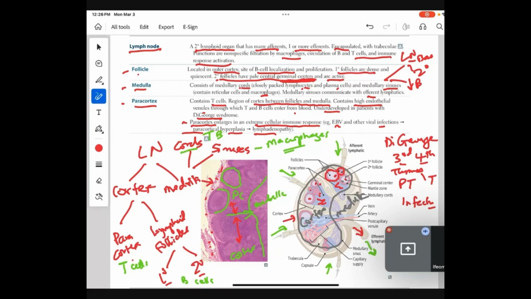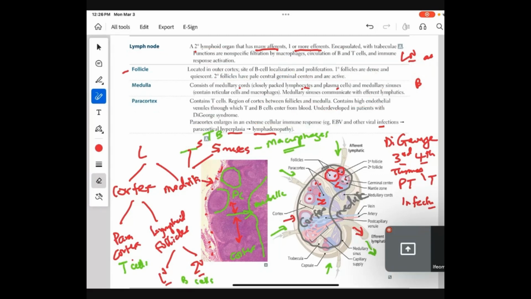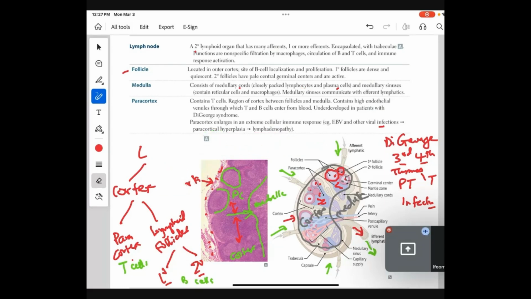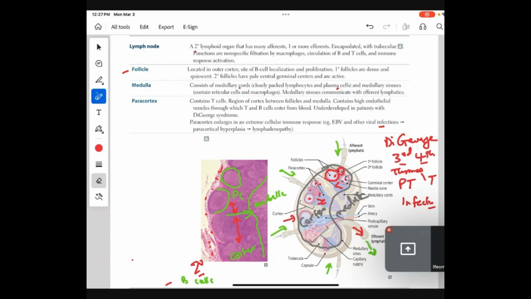Okay, so we said the primary lymphoid organs are the bone marrow and the thymus. The bone marrow produces both B and T cells, right? The B cells remain behind and mature in the bone marrow, while the T cells exit and go to the thymus to complete their development and maturation.